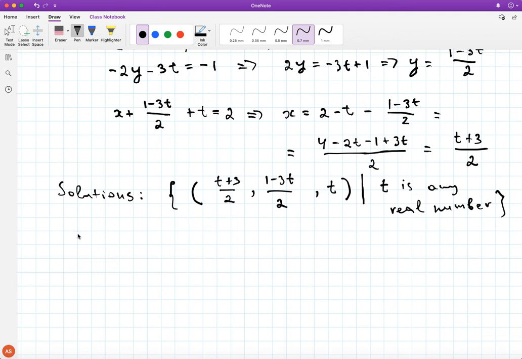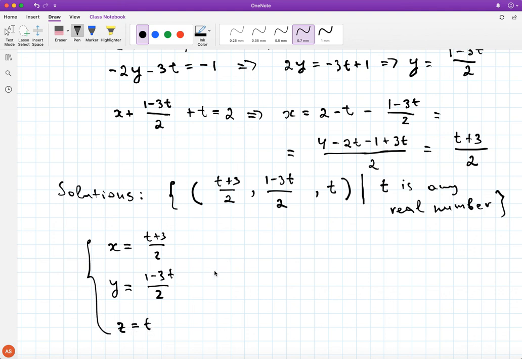Now, if you recall our discussion about graphical representation of systems of linear equations, what these formulas give us is the parametric equations of the line along which the three planes, which are graphs of the three equations in our system, intersect. And so we can view the following equations: x equals (t plus 3) over 2, y equals (1 minus 3t) over 2, and z equals t.